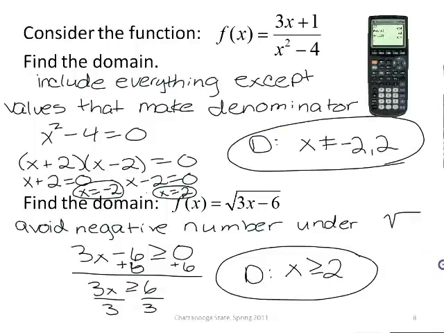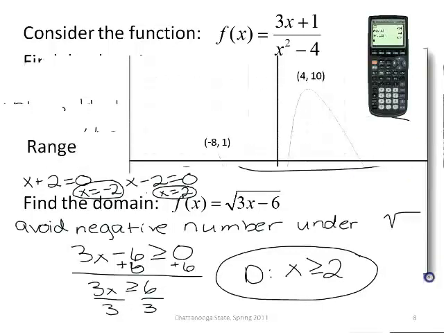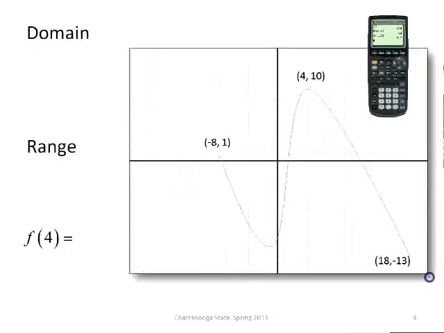One more look at the domain. Here we're going to look at a graph. To find our domain here, we want to look at everywhere that we have a graph. Okay, so our graph starts right here, and then it goes down, up, and back down over here. So it ends here, and it starts here.